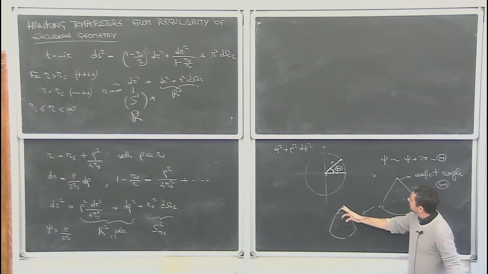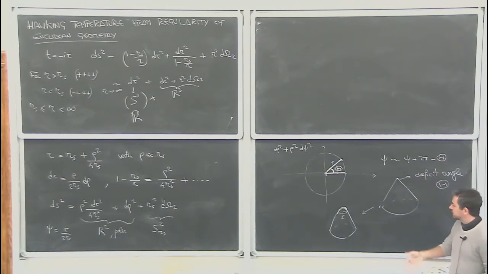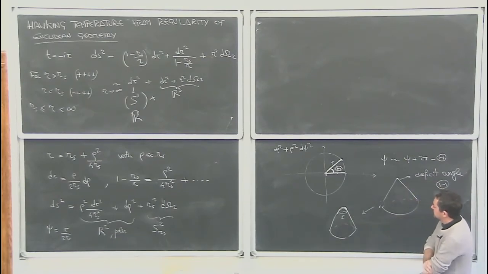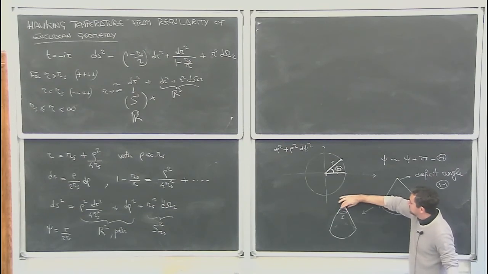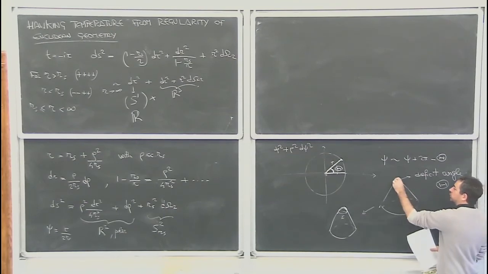And here, it's flat. Now it doesn't look flat because I embedded it in R3, but the intrinsic Riemann tensor would be 0, except for this region. Then I shrink epsilon, so the curvature is concentrated at the tip. So there is a delta function for the curvature here.